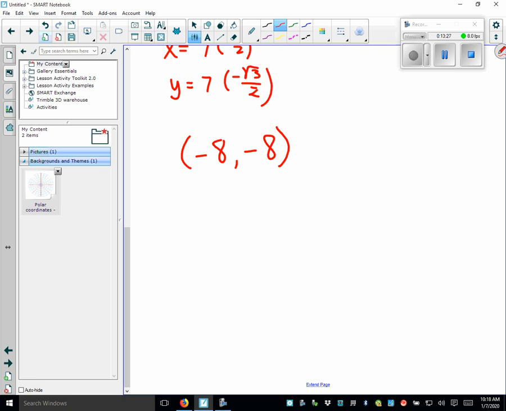What is R? No. What type of coordinates? Polar.